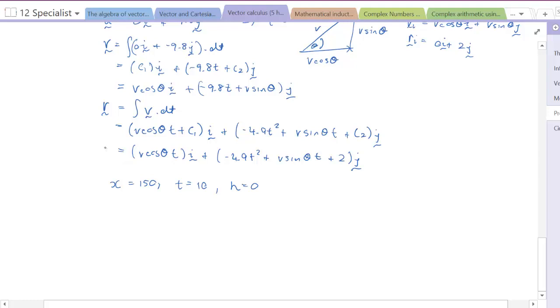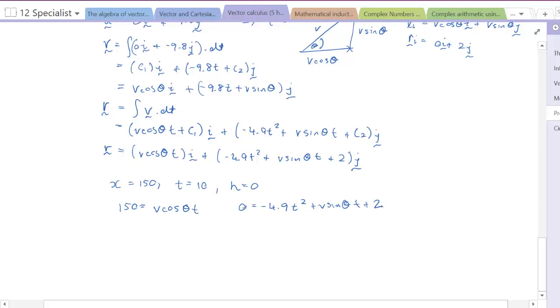So if we put this straight into this position vector, we can say that 150 is equal to v cos theta t, and 0 is equal to negative 4.9 t squared plus v sin theta t plus 2.